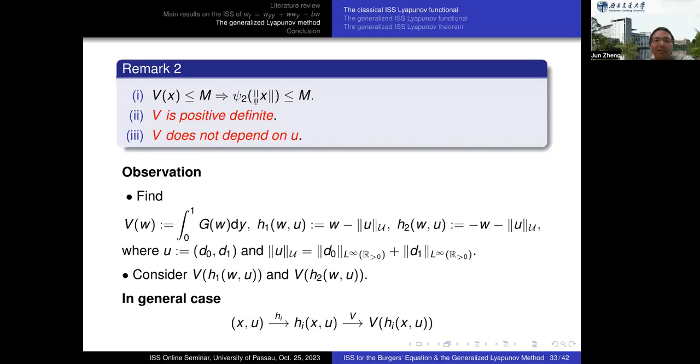These are the facts I just mentioned. But from the proof of ISS for the Burgers equation, we can find that these conditions can be weakened.